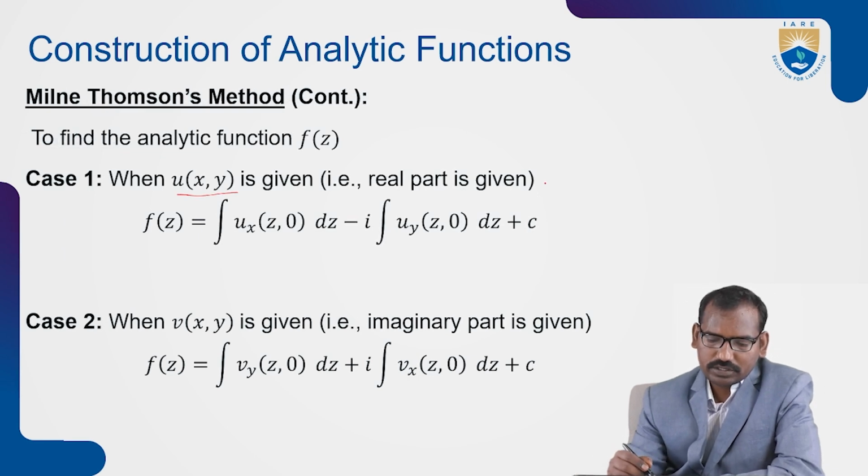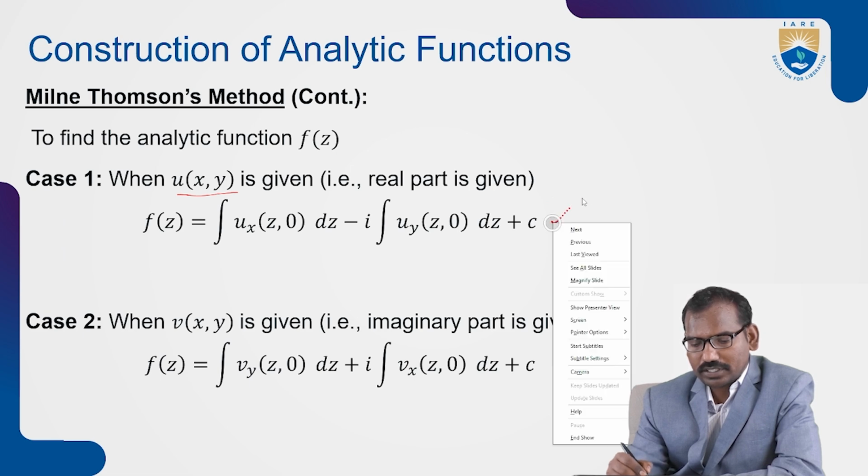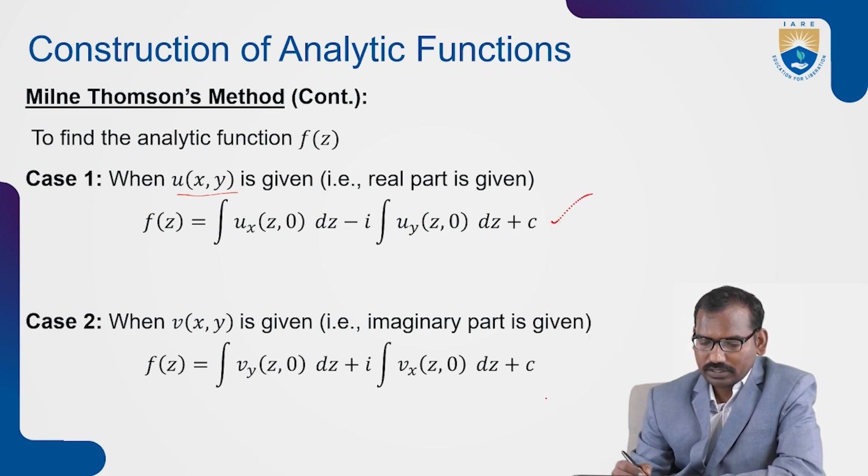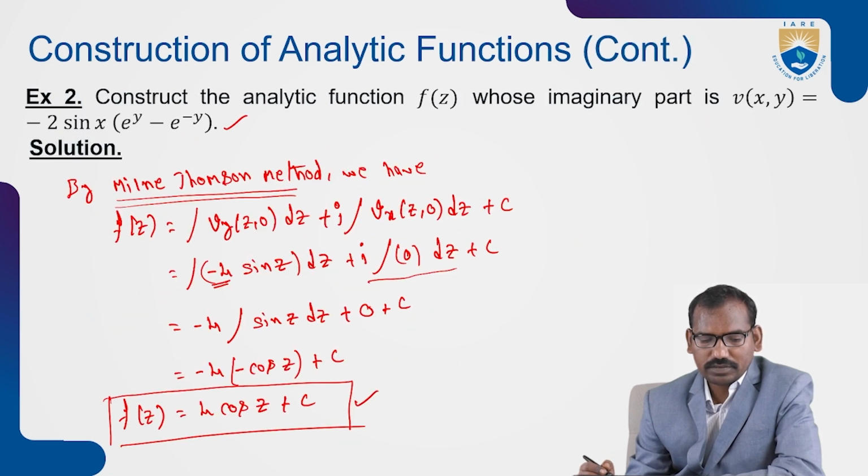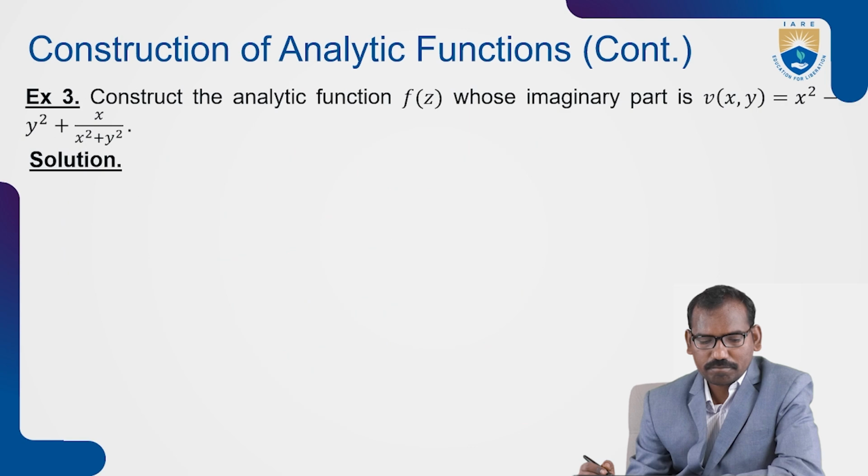So this is the summary I am using. I am calculating f of z with the help of the real part. This is the formula, and I am calculating f of z with the help of the imaginary part. This is the formula. Okay, so these 4 examples are enough to understand this topic.